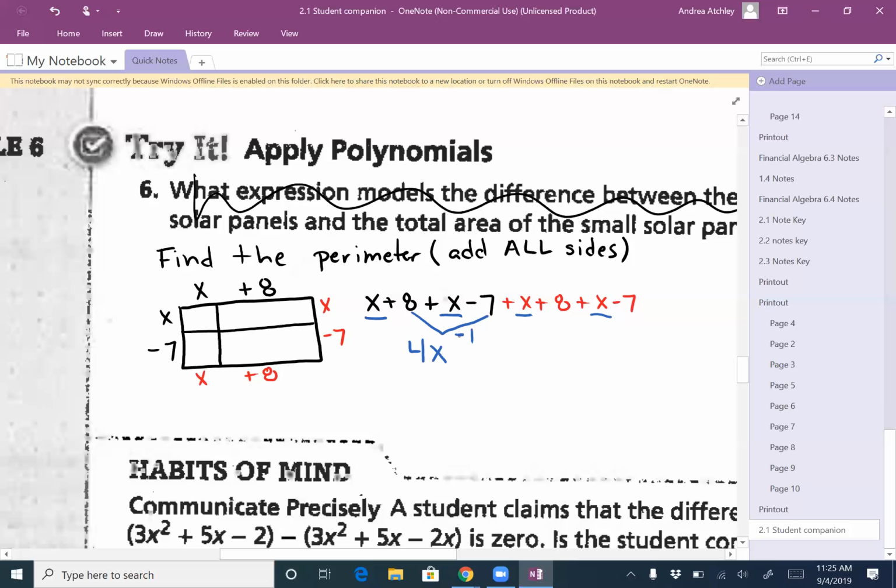Not a negative, a positive 1, right? Then I have 8 and negative 7 here. And again, that's another positive 1. So together that becomes positive 2. So my perimeter is 4x plus 2. Any questions over that?